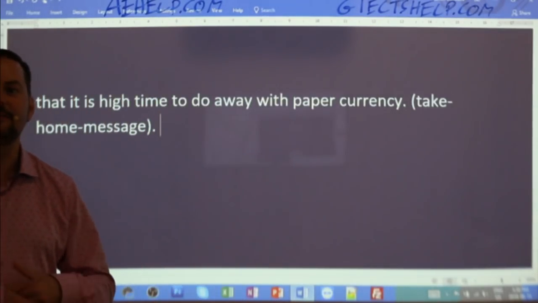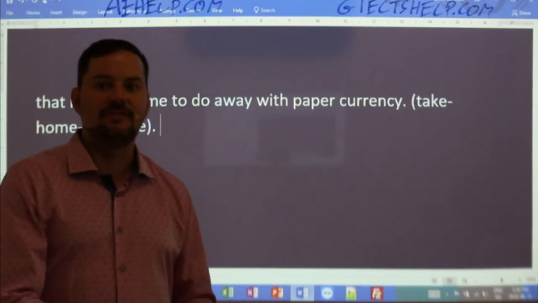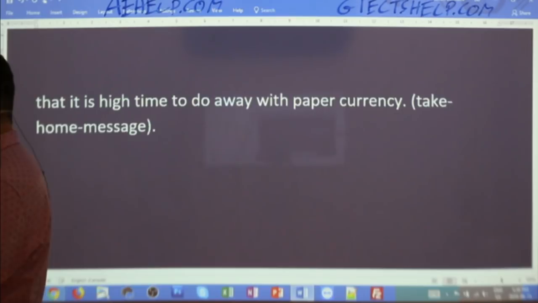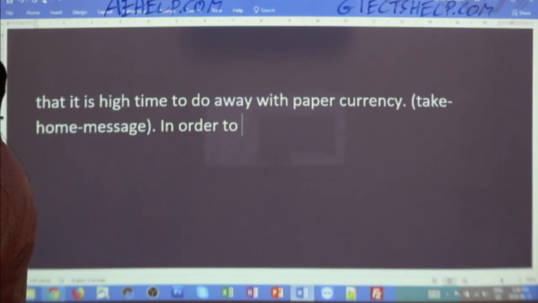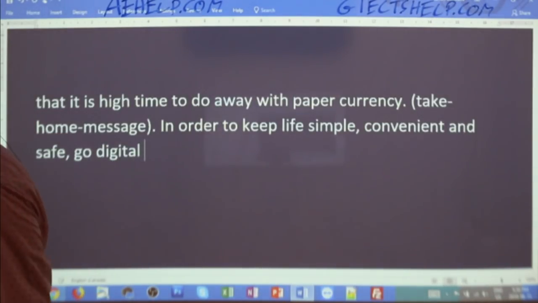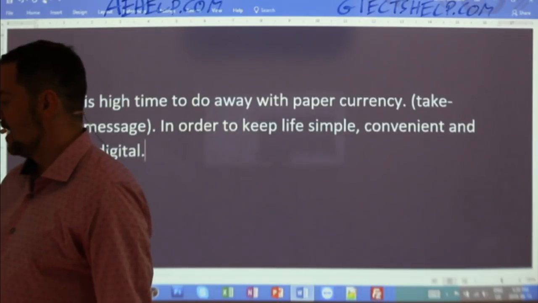In order to keep life simple, convenient, and safe, go digital. That would be good, okay? In order to keep life simple, convenient, and safe, go digital. Okay?